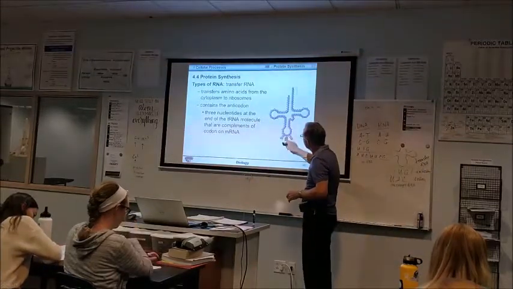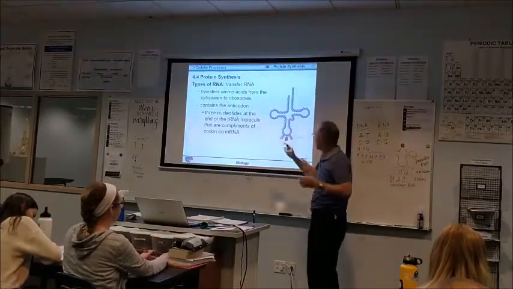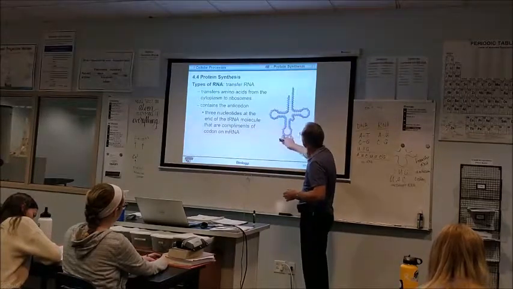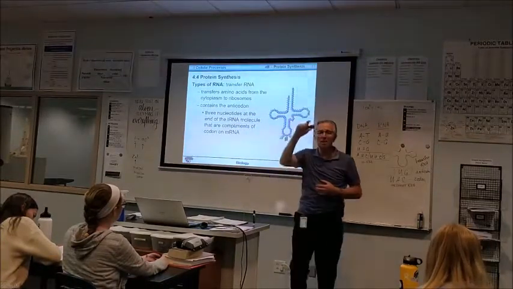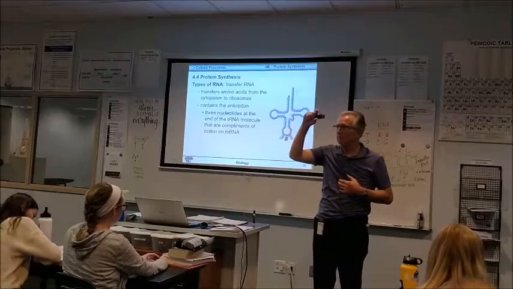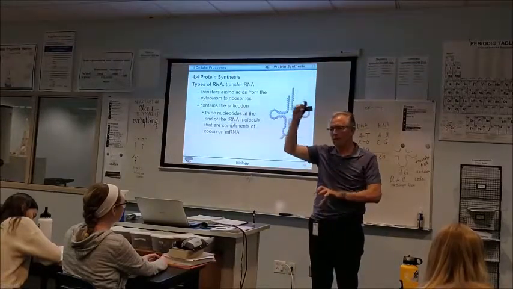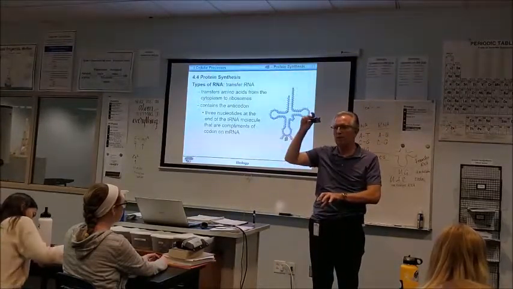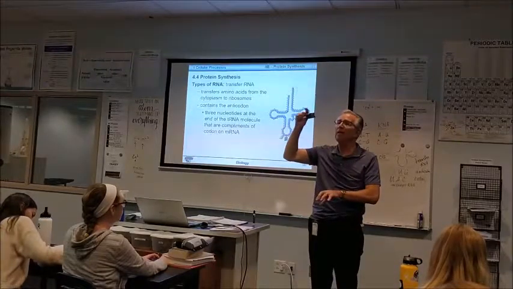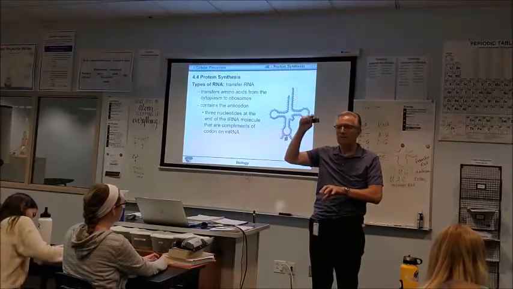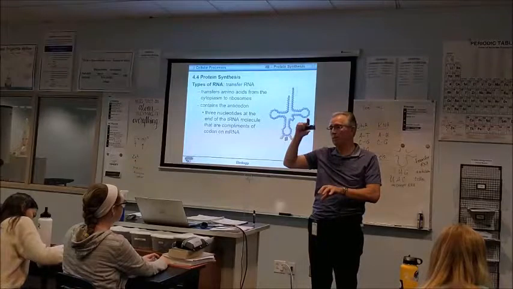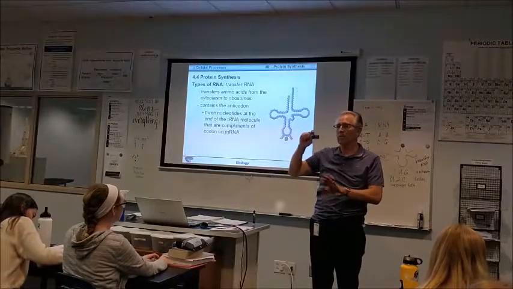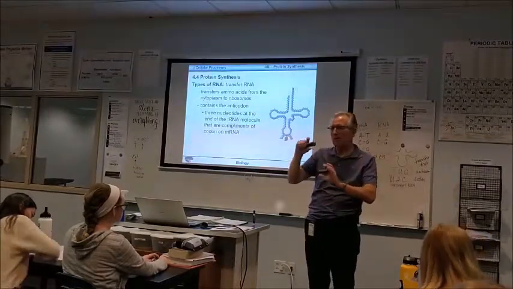But this combination right here matches with whatever amino acid is at the top. They have to go together, otherwise we're making proteins that your body may not need. Or maybe proteins that would actually harm you. So we don't want that. We want to make the right protein.